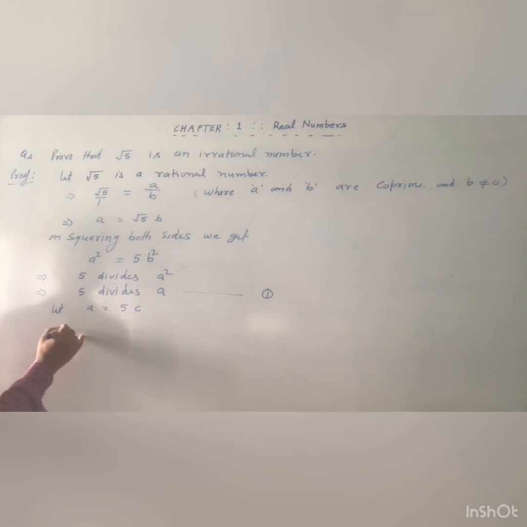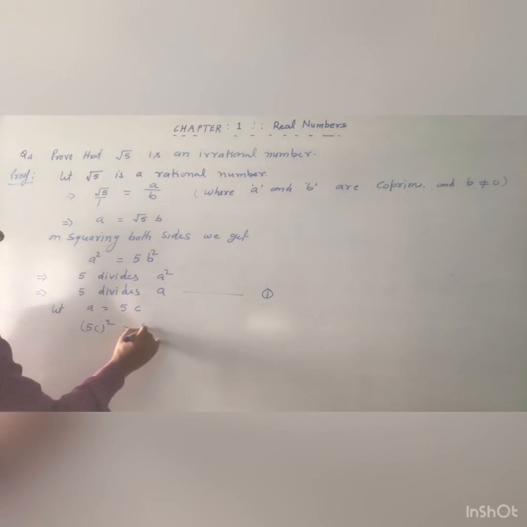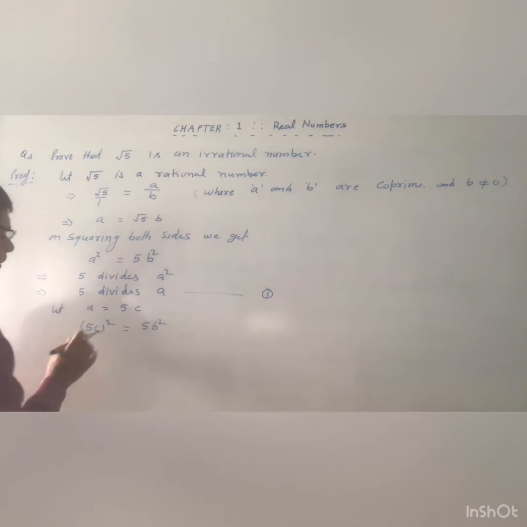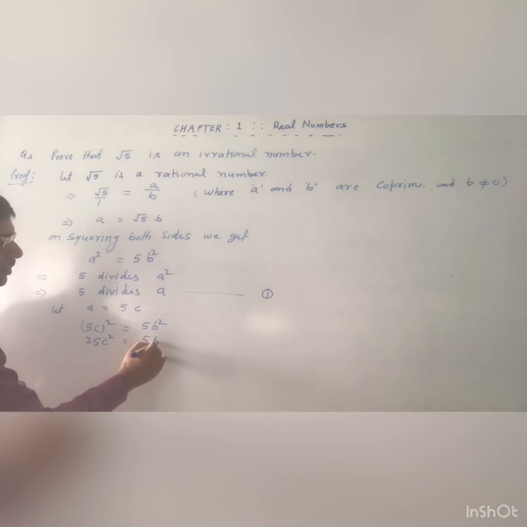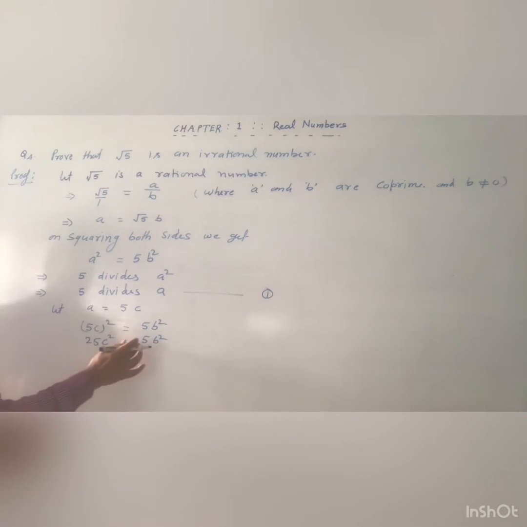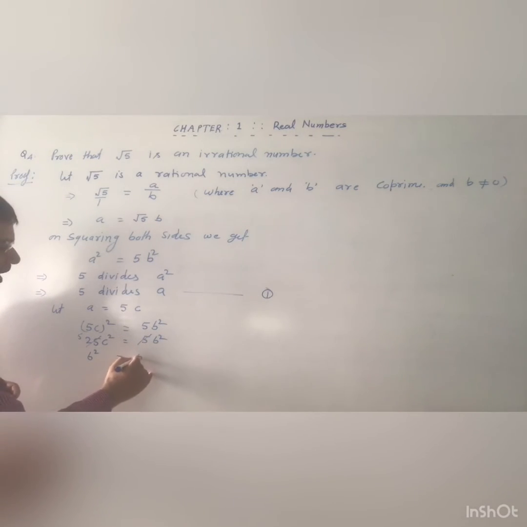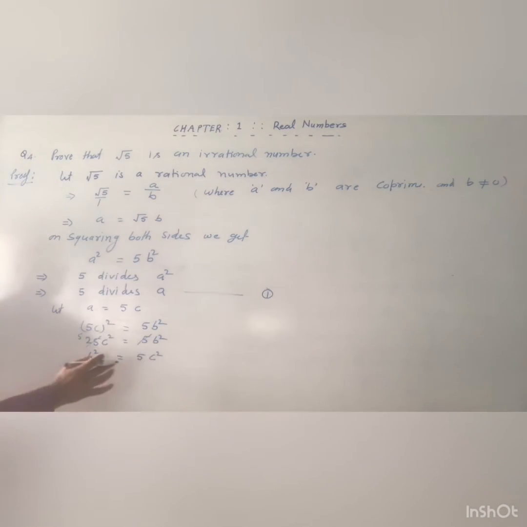Therefore you will get 5c whole square equal to 5b square. On operating the bracket you will get 25c square equal to 5b square. Now cancel 5: 5 fives are 25, so you can write b square equal to 5c square.